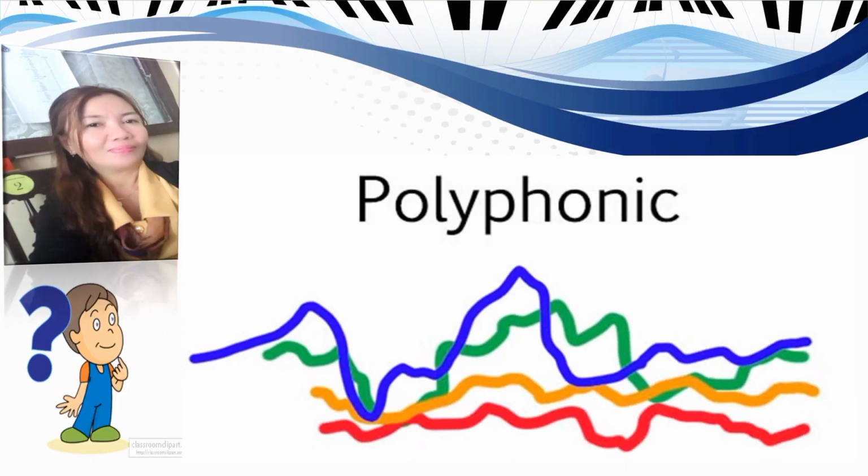We have melody 1, 2, 3, 4. There are 4 melodies combined to become the music, a polyphonic texture. See? Again, that is a polyphonic texture.